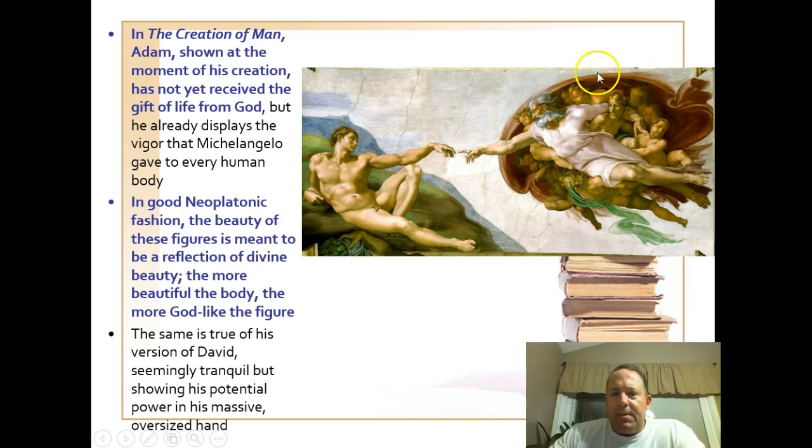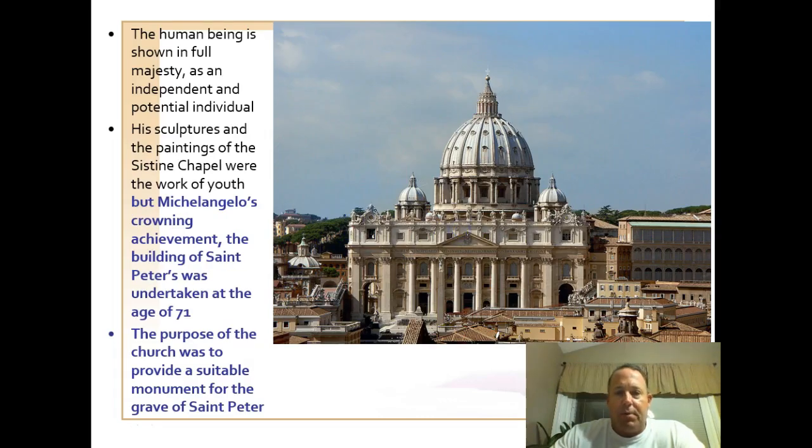Some people think this is the vessel that God is traveling in, that it's the brain. If you look at a cross section of the brain, it kind of looks like that. Perhaps the genius of the human brain is divinely inspired. Who knows? But the creation of Adam is probably the most famous, iconic painting of his, certainly in the Sistine Chapel.